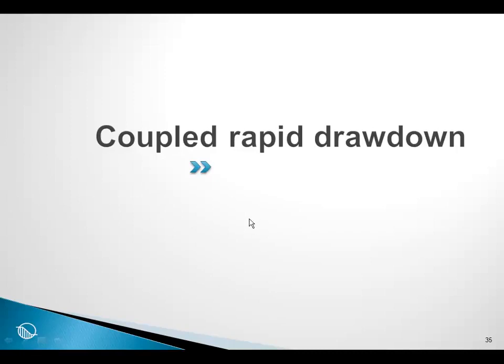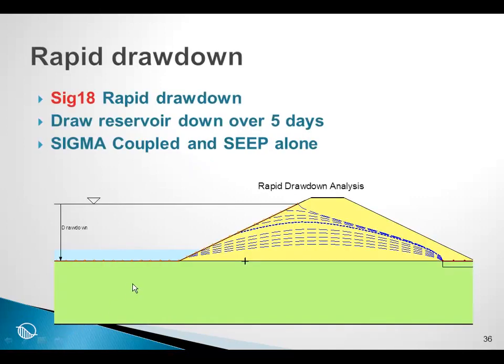I want to now introduce you to another type of coupled analysis, and that's the coupled effect that results from the rapid drawdown of a reservoir, for example. In a rapid drawdown case, the reservoir has been sitting there for a long time and has established long-term steady-state conditions.